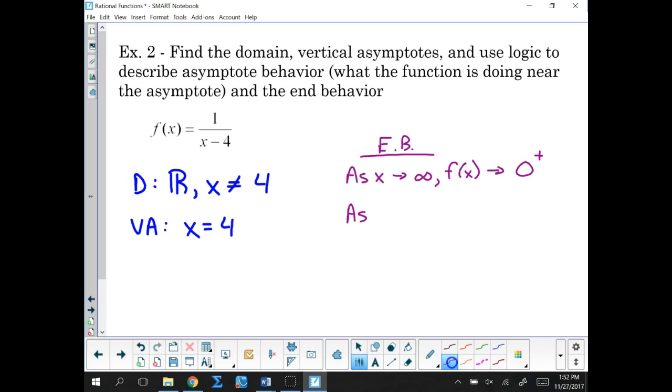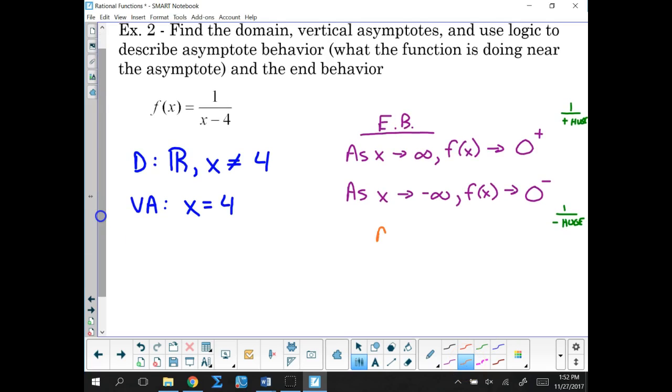As x goes to negative infinity, f of x is going to go to 0 from below. Asymptotal behavior.